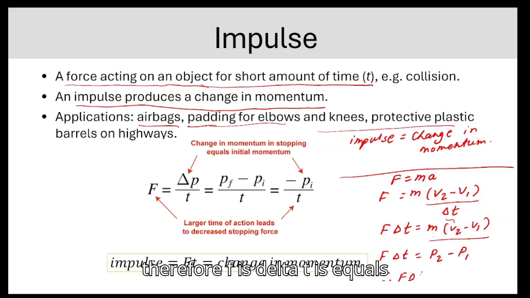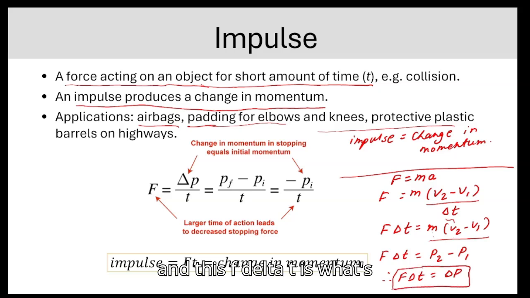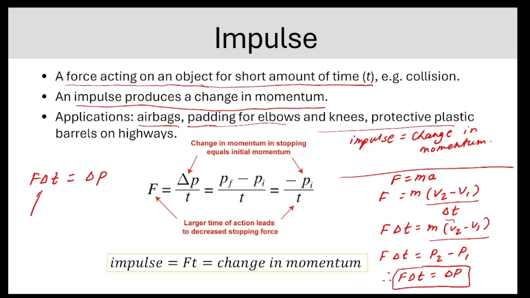Therefore, F delta t is equal to the change in momentum. This term is called impulse, and this term is the change in momentum.